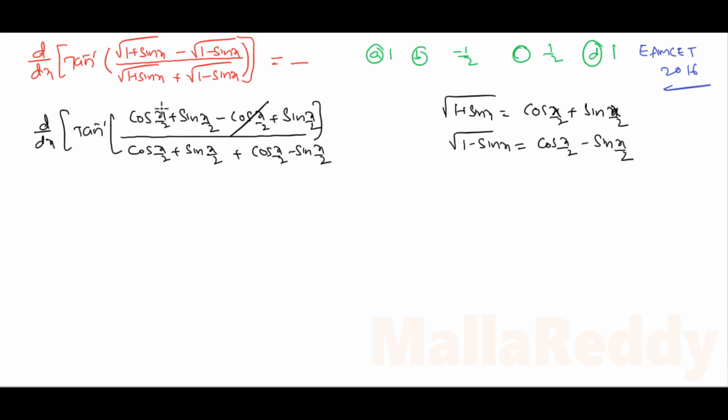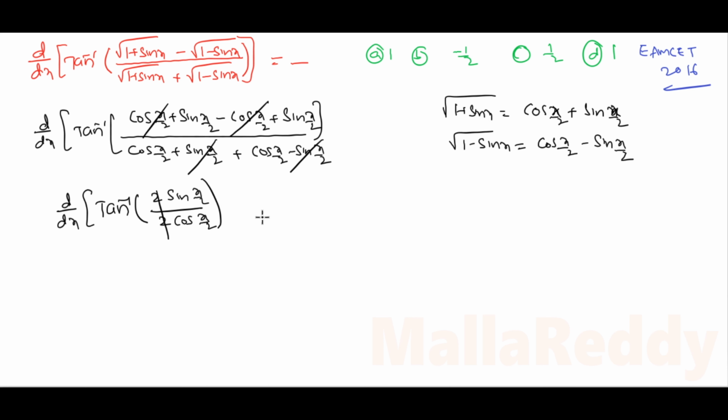Here cos x by 2 cancels, sin x by 2 cancels. Therefore that is equal to d by dx of tan inverse of (sin x by 2 plus sin x by 2, that is 2 sin x by 2) by (cos x by 2 plus cos x by 2, that is 2 cos x by 2).